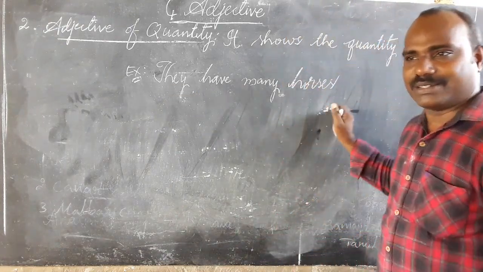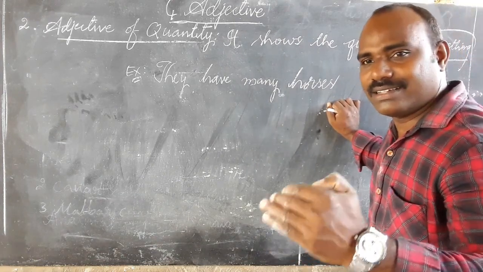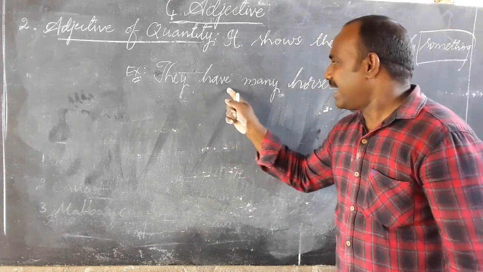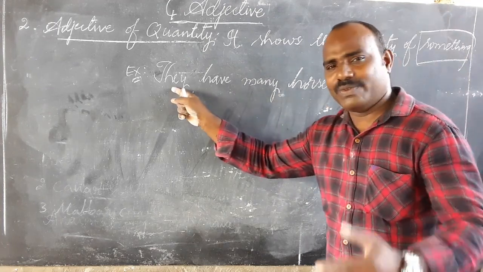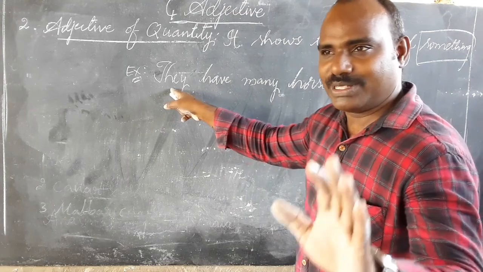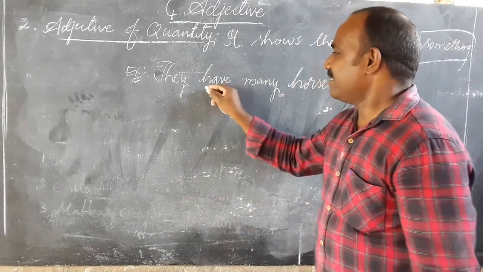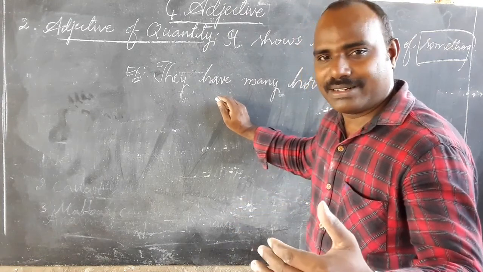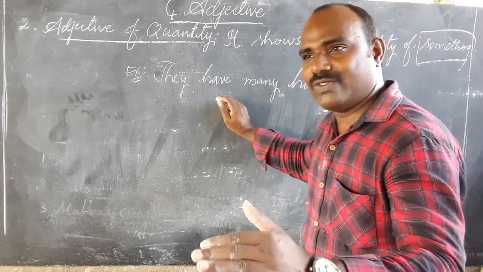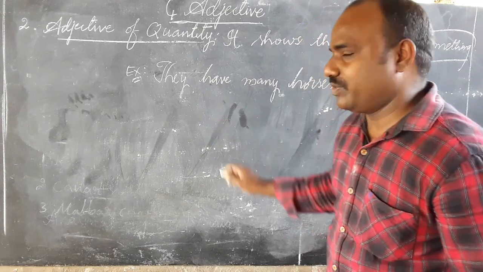What is the noun in the sentence? They have many horses. See, they, we know it is a third person plural pronoun. Have is a helping verb, of course primary auxiliary. It can be a helping verb or main verb. We have seen it in the last video.